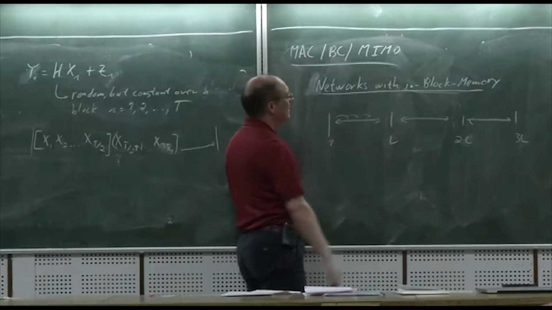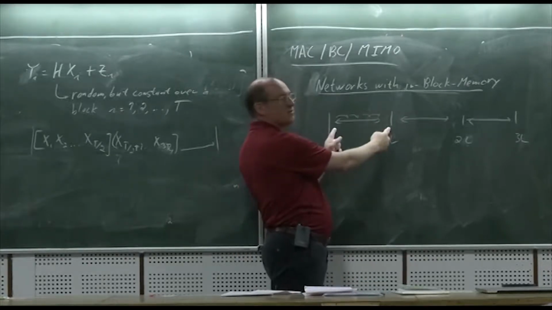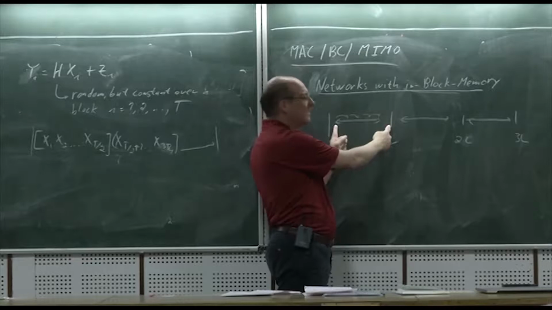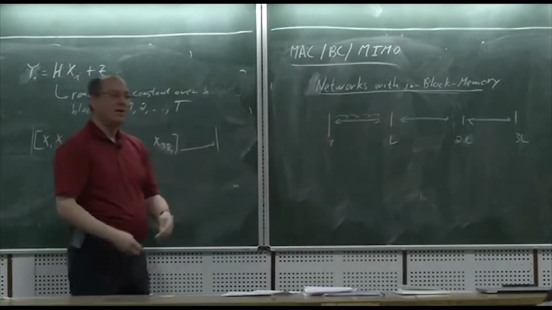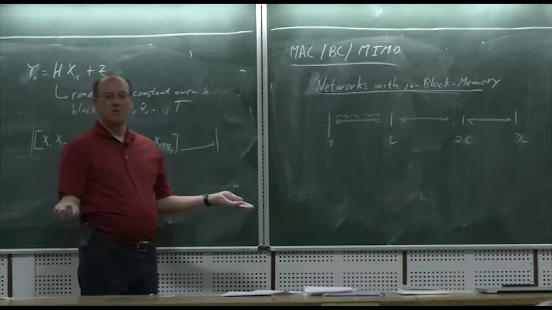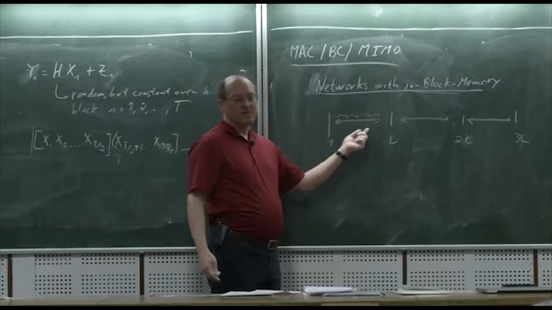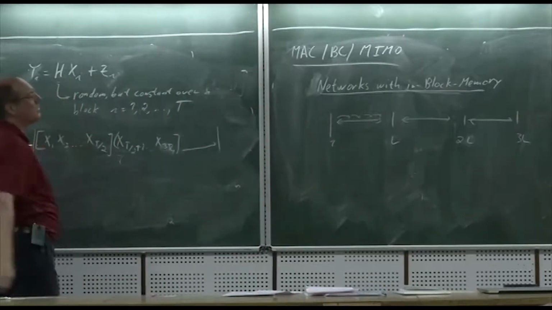Now if there's memory only inside the block, the motivation is that in current systems you schedule communications into certain time and frequency resources, and the next time you get a new time and frequency resource, maybe much later, the channel is chosen independently. But inside this you have memory, either OFDM or a constant power level and so on.